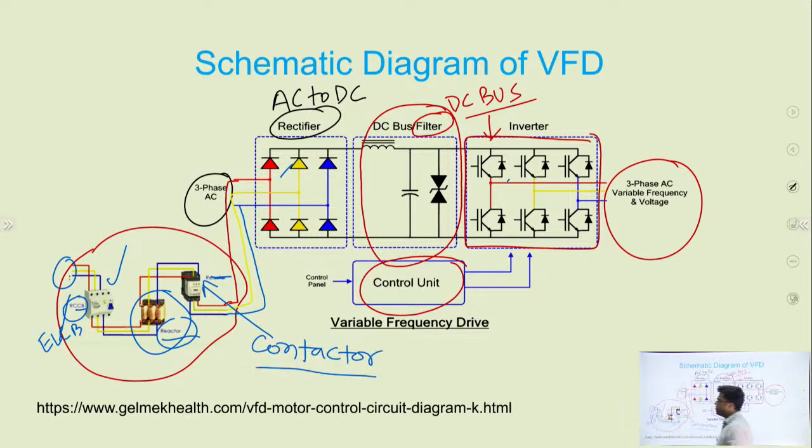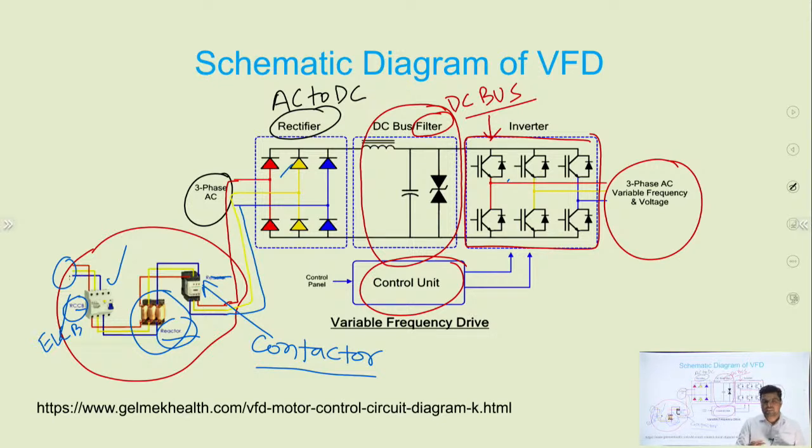What is the function of the contactor? If there is any fault, or for operating the complete circuit, it works like a relay, but its rating is higher than a normal relay, just sensing the signal to the circuit.